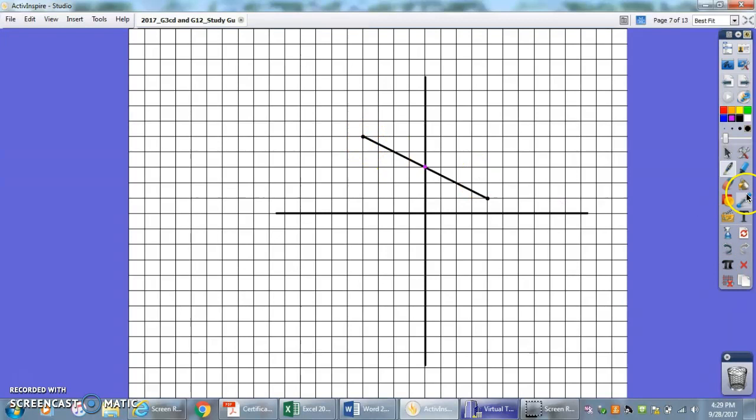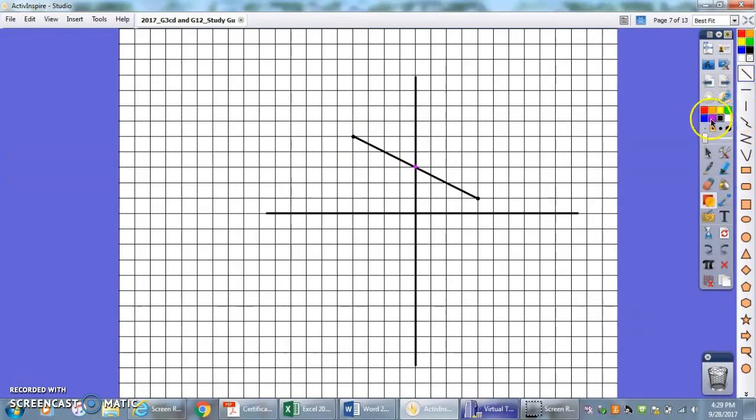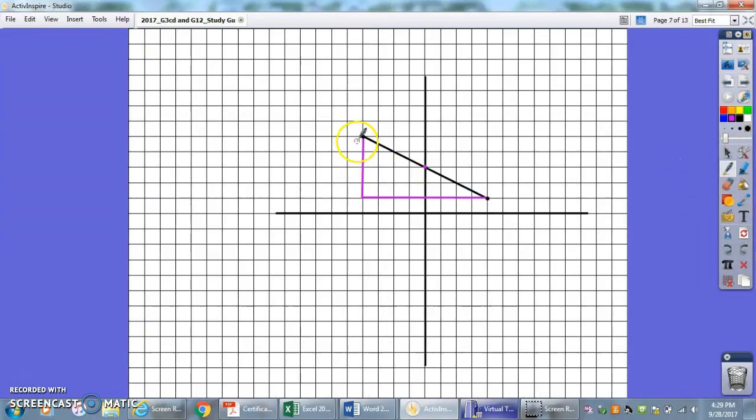Now if I do it the right way by drawing my triangle in purple, I draw my vertical distance and my horizontal distance, and count 1, 2, 3, 4, and 1, 2, 3, 4, 5, 6, 7, 8. Midpoint would be halfway, so we divide 4 by 2 and get 2, and divide 8 by 2 and get 4.